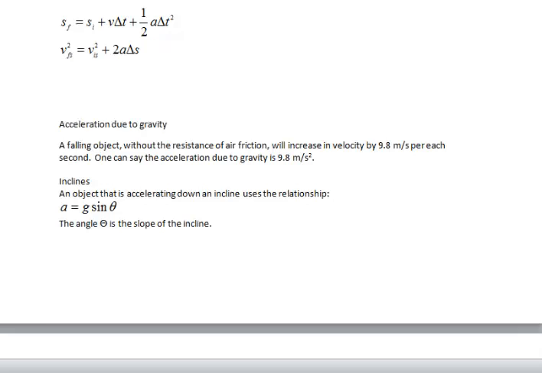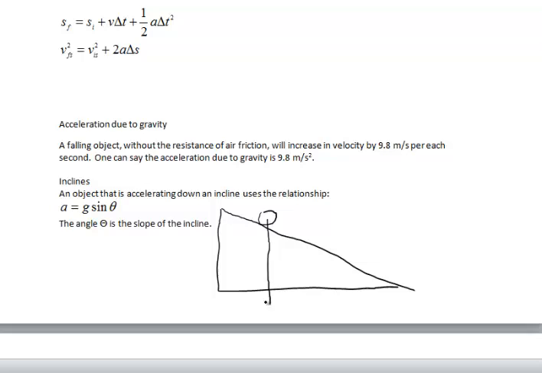Now down an incline, it's a little different. Let me see if I can get this to work here. So if I have an incline, I'm just going to go ahead and draw this incline. Okay, so if I had a ball rolling down the incline without friction, we know gravity would act straight down.